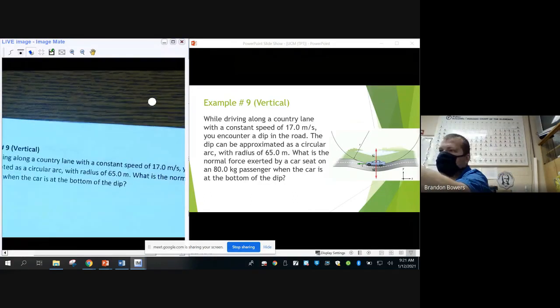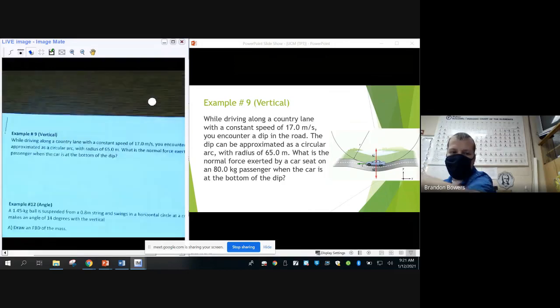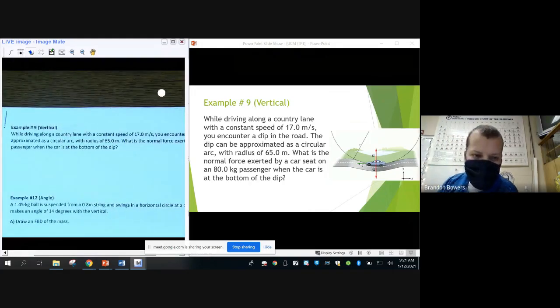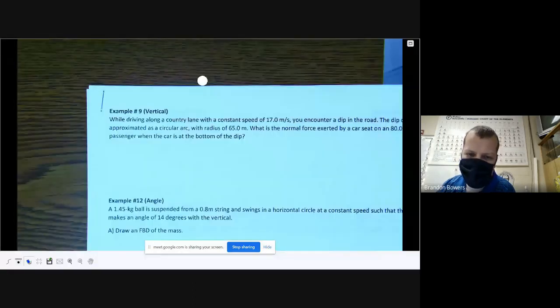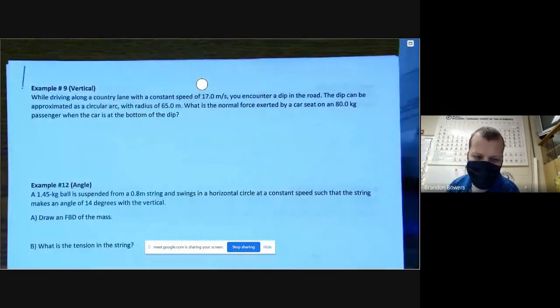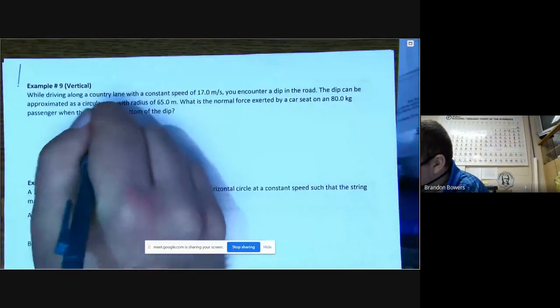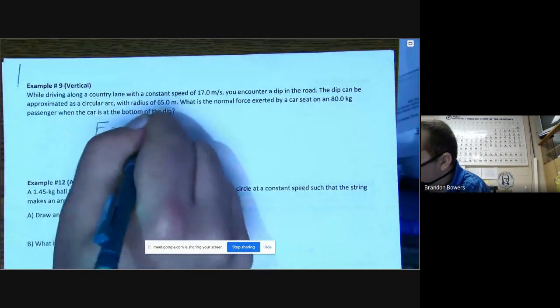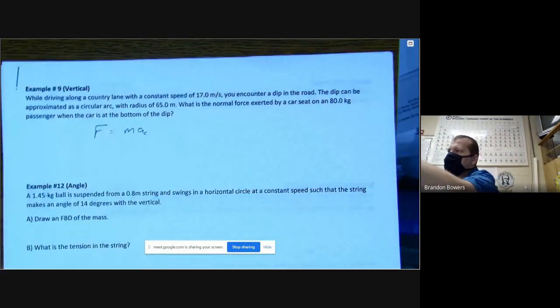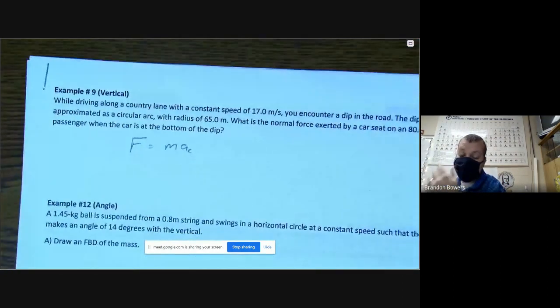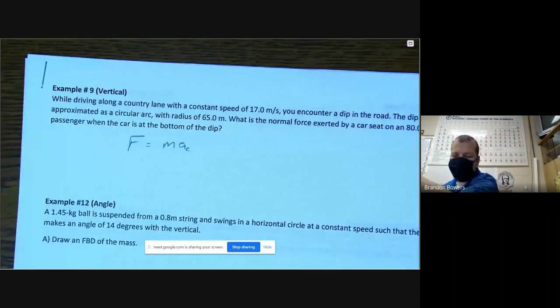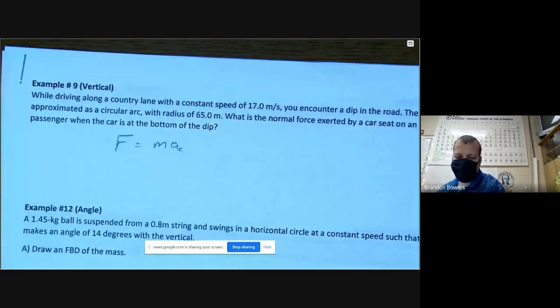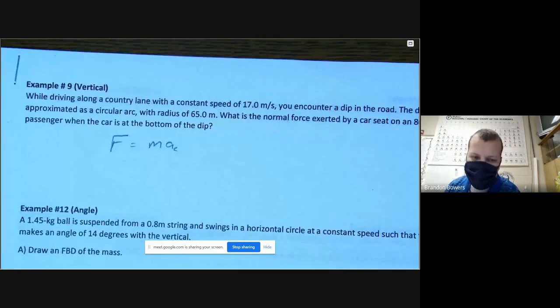I'm going to zoom out a little bit, and go full screen here. My equation is going to be force equals mass times centripetal acceleration. So what are all my forces acting on the car seat, between the car seat and the person?